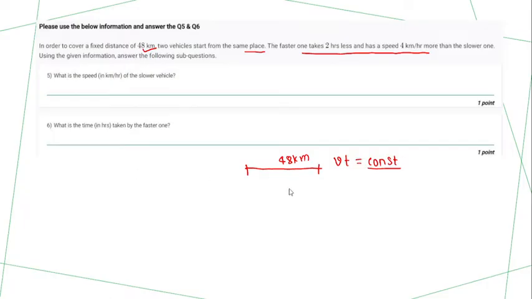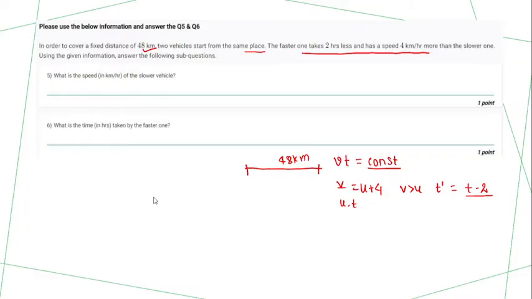So let us suppose this is v and this is u. V is greater than u, so v will be equal to u plus 4. Let us suppose this vehicle is taking time t, and this is t dash, so it will take t minus 2 hours.